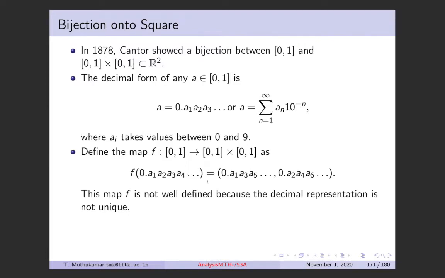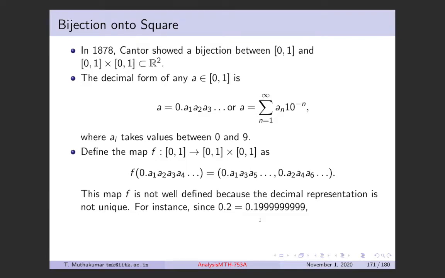That is because the decimal representation of a number is not unique, right? For instance, whenever you have repeated nines, that is the same as the nearest rounded-off number, because it can be seen as a series which converges to it. So 0.2 and 0.19999 both represent the same number.